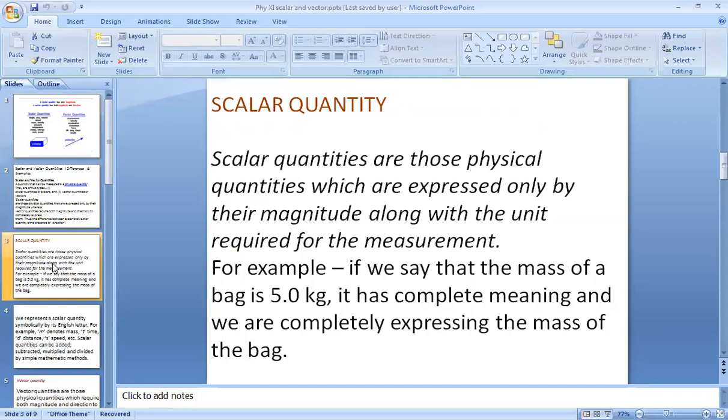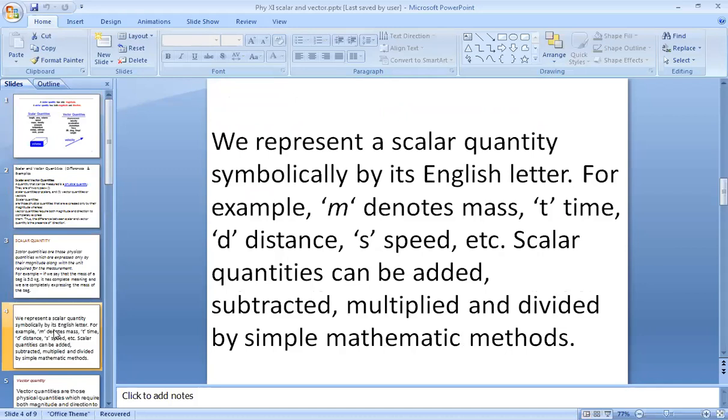Similarly, if we are expressing quantities completely with the magnitude only, that means we represent a scalar quantity symbolically by an English letter. For example, M denotes mass, T for time, D for distance, and S for speed. So we use alphabets to explain like that. Sometimes we use D for distance and D for displacement.